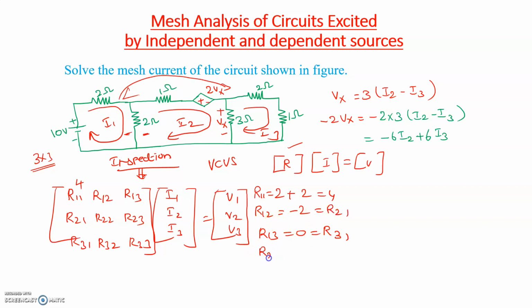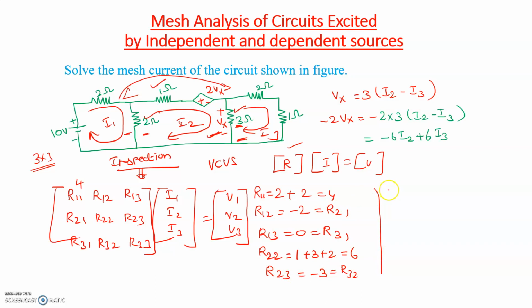Next, R22 will be the summation of the individual resistances in the second loop, which is 1 plus 3 plus 2, that is 6. And R23 is the resistance which is common between loop 2 and loop 3 with minus sign, so this is minus 3, which is equal to R32.